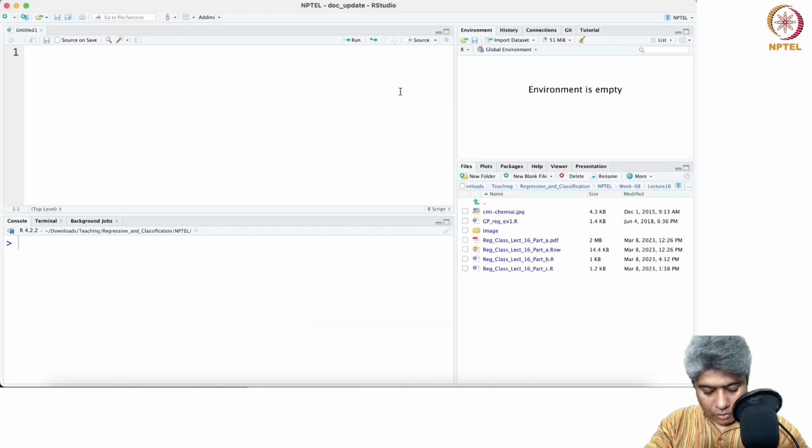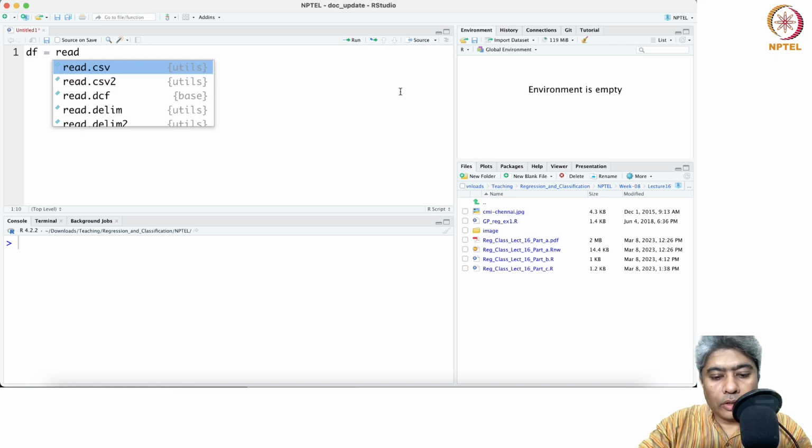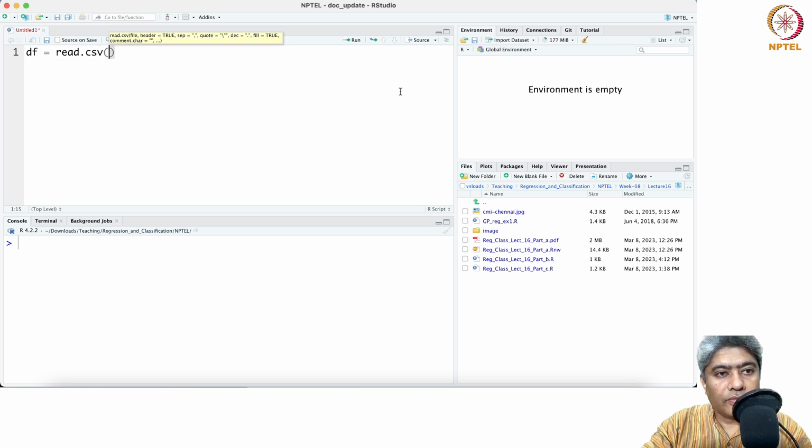So first, I will call the data set, the csv file.